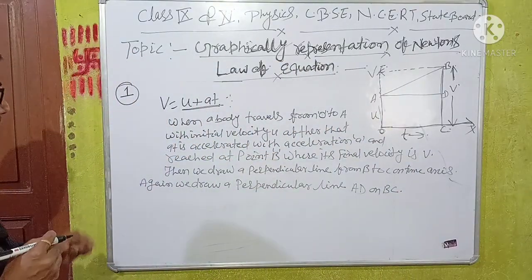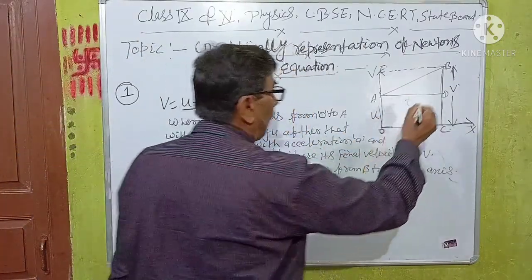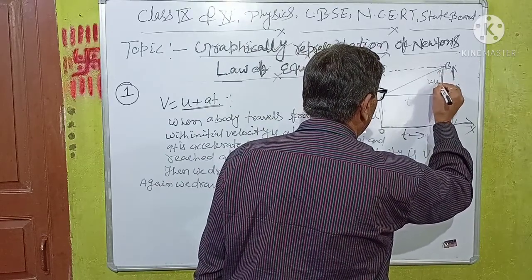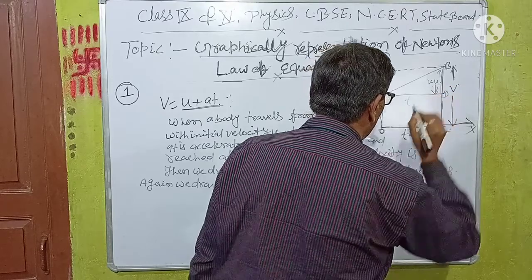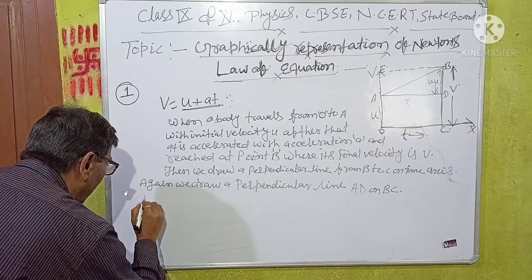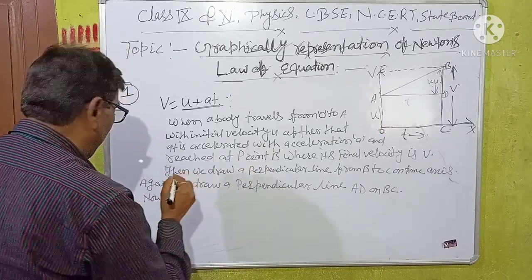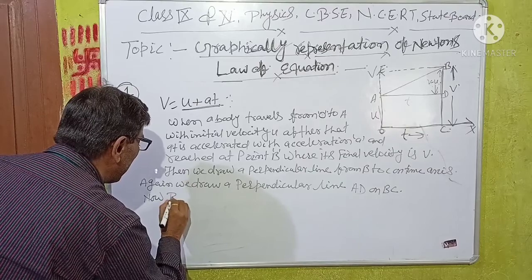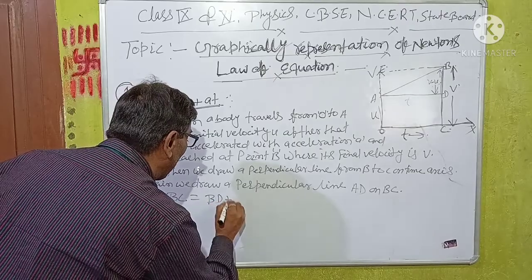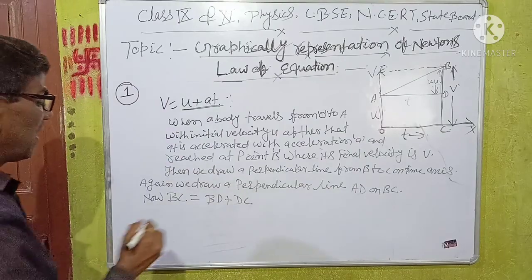So therefore AD represents the time axis, BD represents here V minus U. Now we find the value of BC. Now BC is equal to BD plus DC, equation first.